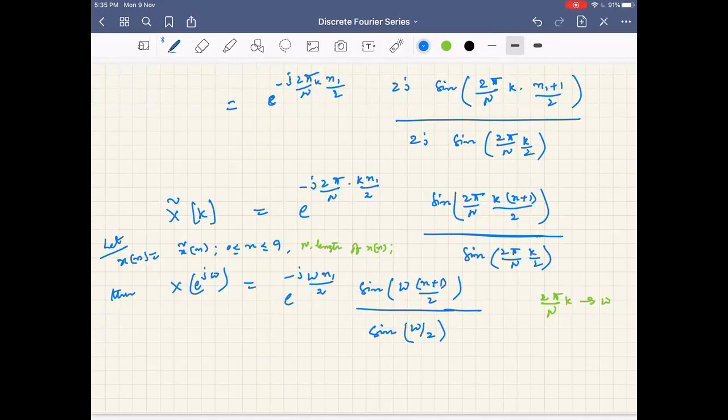And hence, can x tilde of k, the samples in the frequency domain, be considered as samples of the spectrum X of e power j omega at omega equal to 2 pi by N into k?